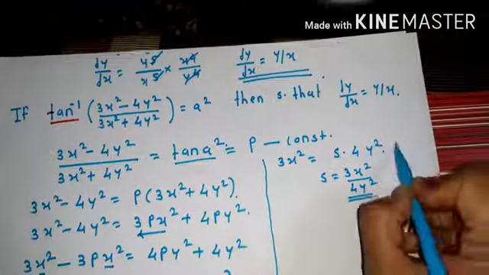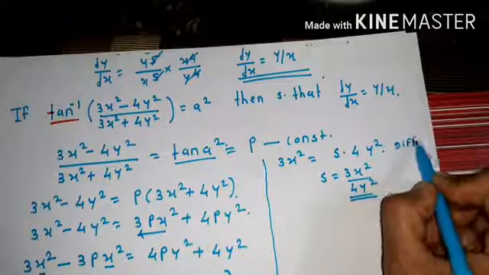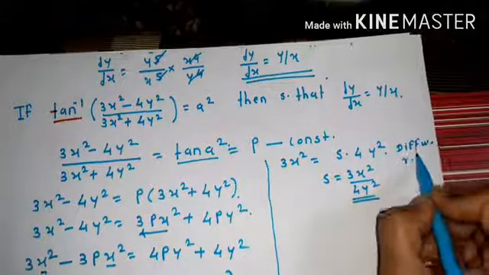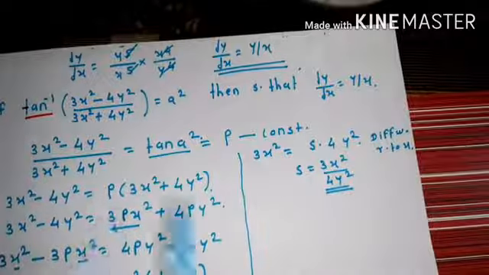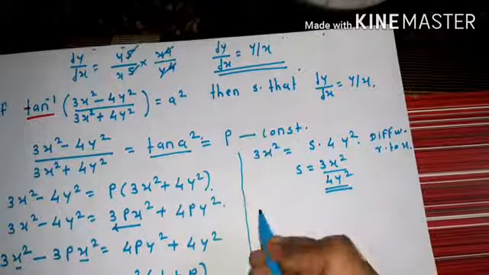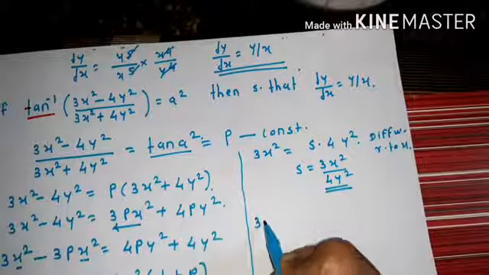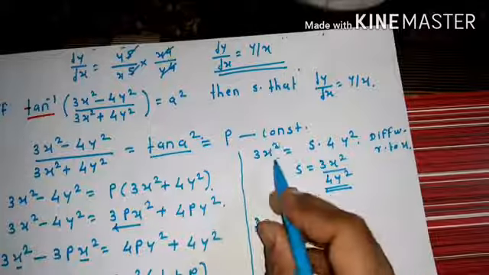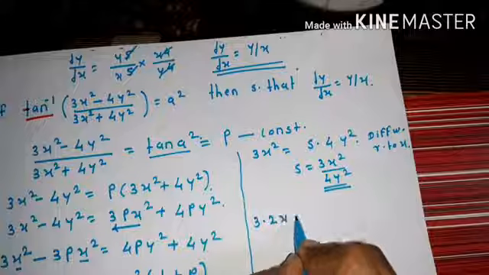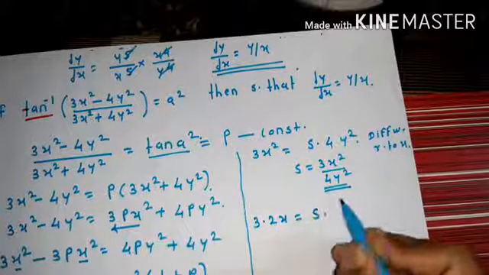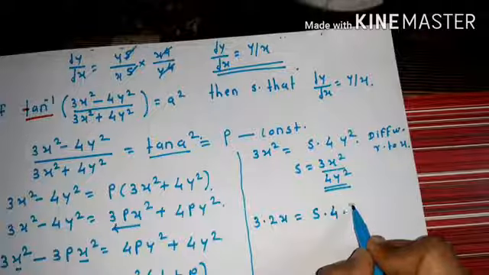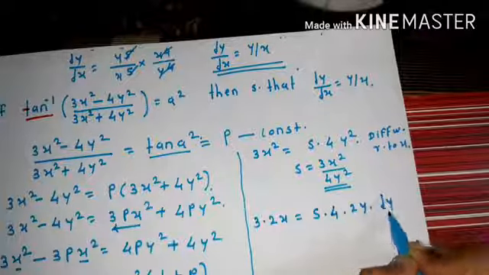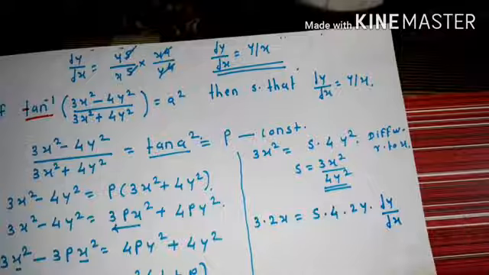Now differentiate with respect to x. Differentiation of 3x² is 3 as a constant times 2x. S is a constant, 4 is a constant, differentiation of y² is 2y into dy by dx.